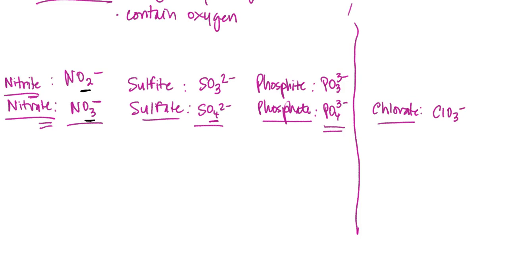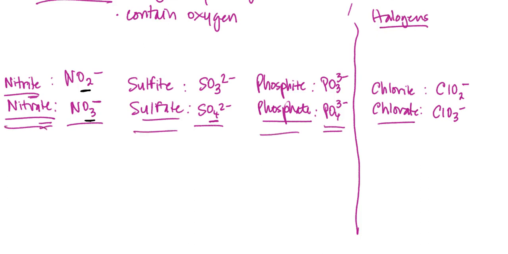If I take away one oxygen from the formula for the chlorate ion, I end up with ClO2 minus. And so the formula that is represented by ClO2 minus would be named the chlorite ion. But when it comes to halogens, they behave differently than, say, nitrogen, sulfur, and phosphorus.